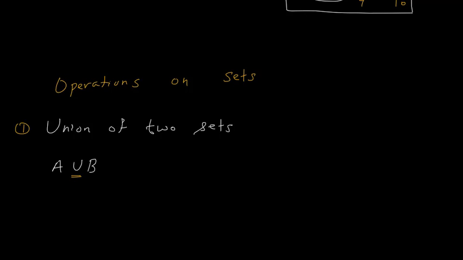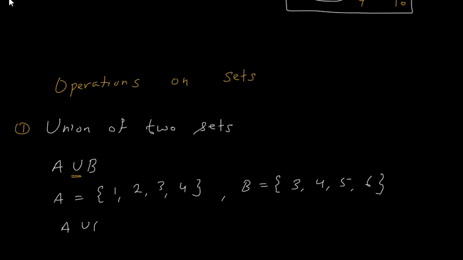So if I have set A which includes a few elements like 1, 2, 3, 4, and I have another set B which includes elements like 3, 4, 5, 6, then I define union of set A and set B as a set. A union B will be 1, 2, 3, 4, 5 and 6.